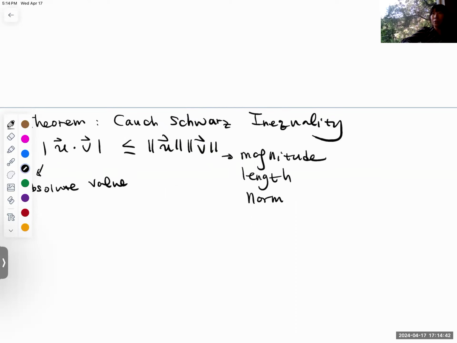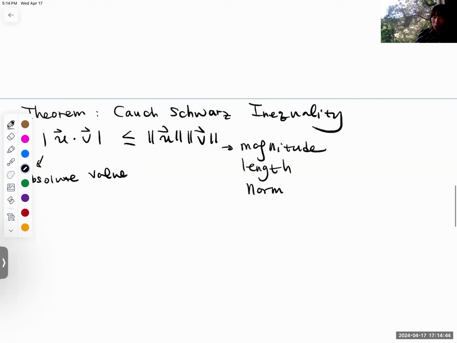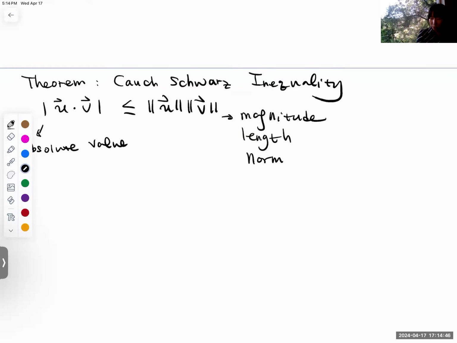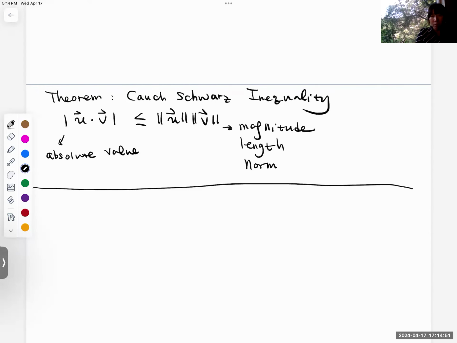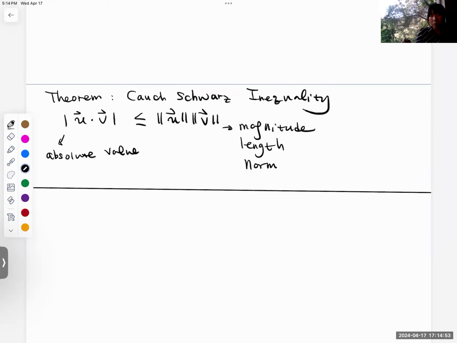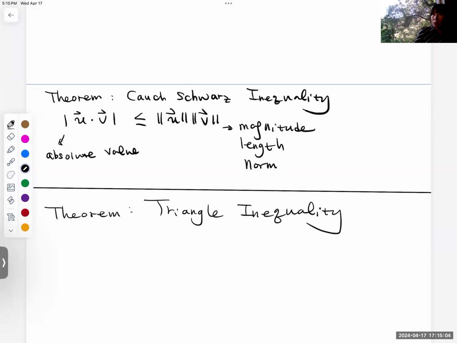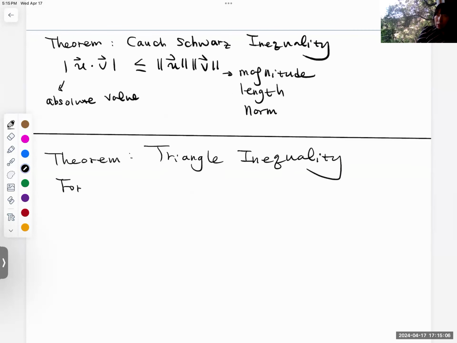All right, so we have a theorem, the triangle inequality. Let me prove this one. So for vector u, vector v in R^n, we have experience in n dimensions, right?